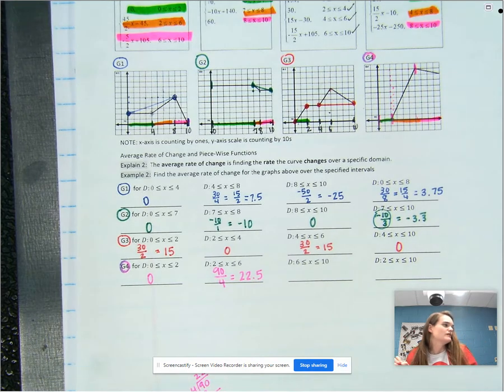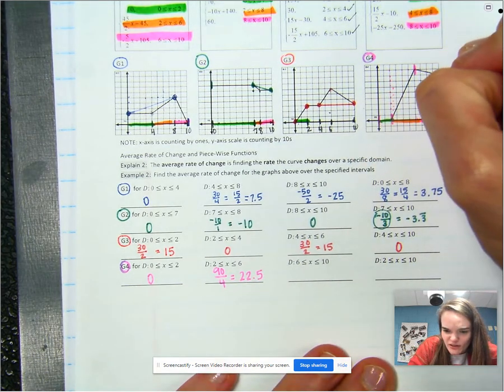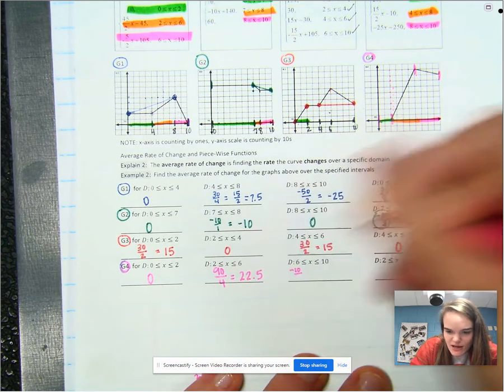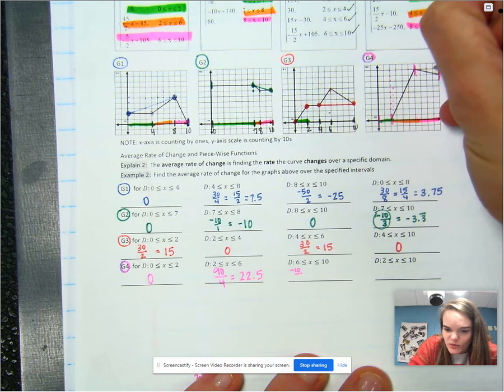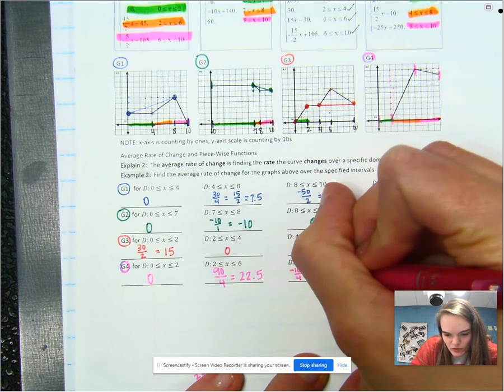It is 22.5. I check, sometimes mathematical mistakes. All right, 6 to 10. Here's 10. It went down 10 and over 1, 2, 3, 4. And that is negative 2.5.